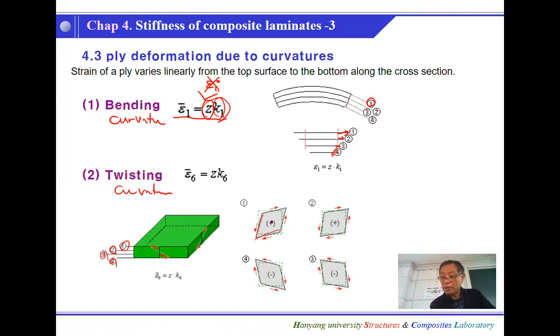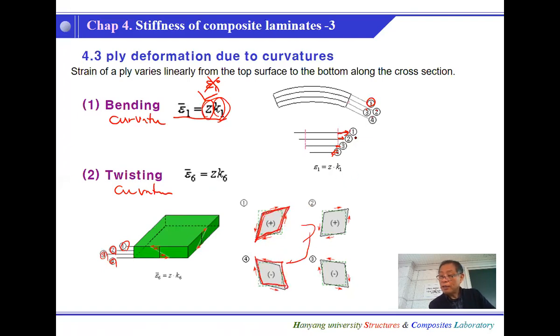I'd like to explain how this shear strain varies. The plus is changing like that, and here, and there, and there. So at the top, you have a deformation like that, and at the bottom, you have a deformation like that.